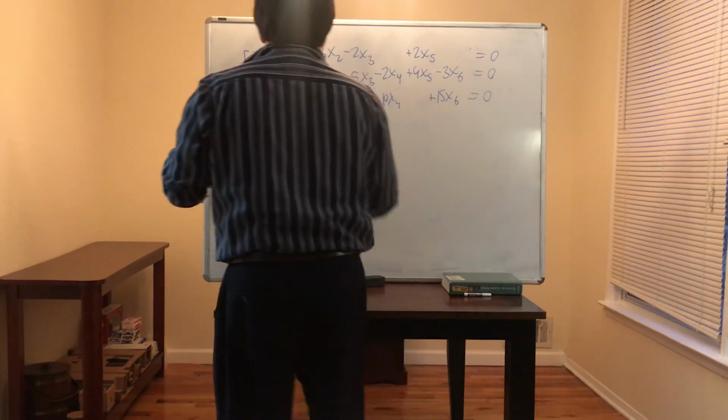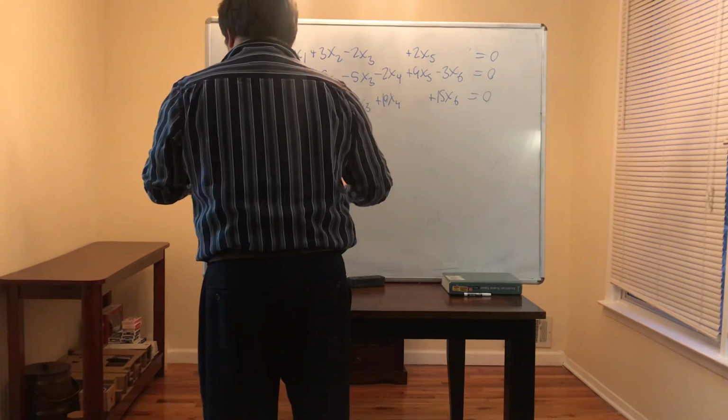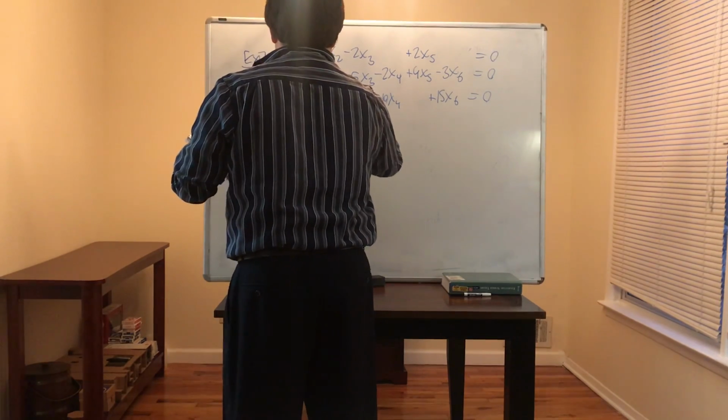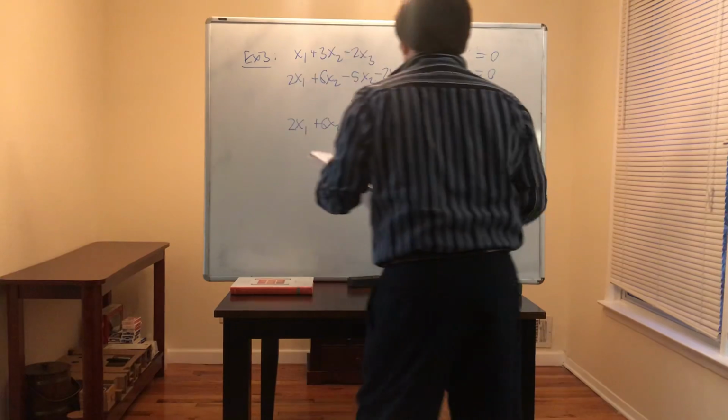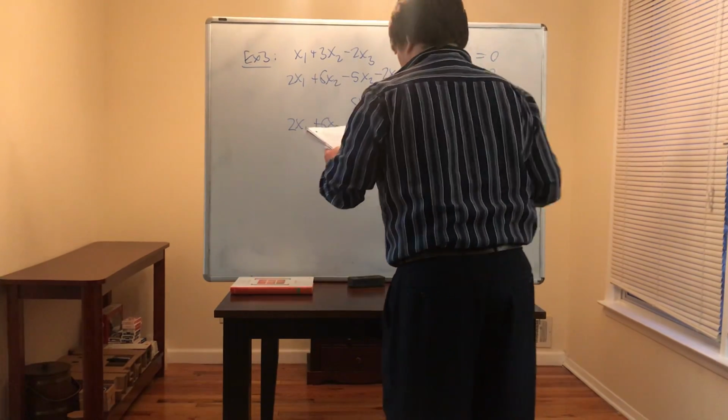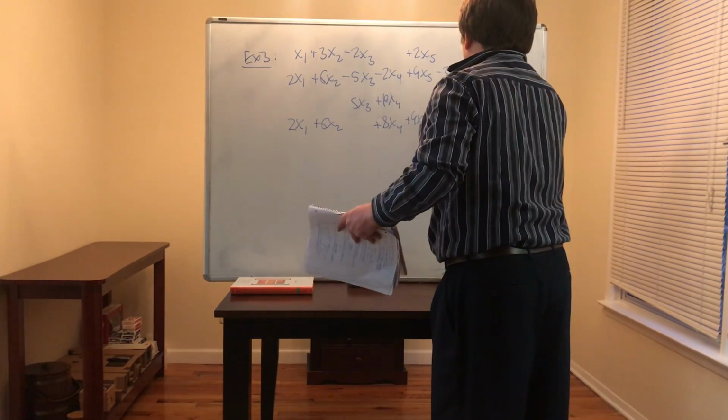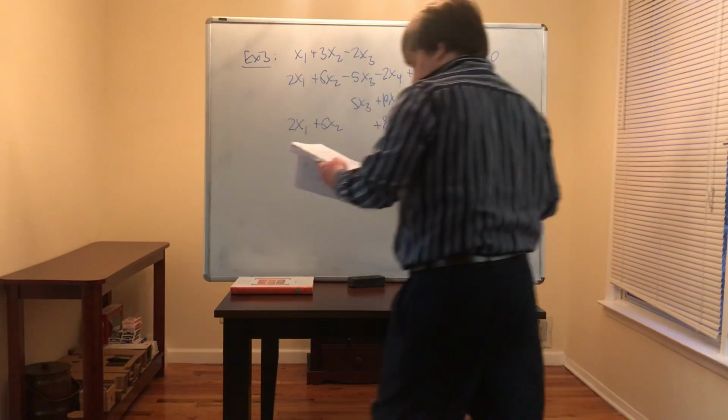And then 2x1 plus 6x2 plus 8x4 plus 4x5 plus 18x6 is equal to 0.